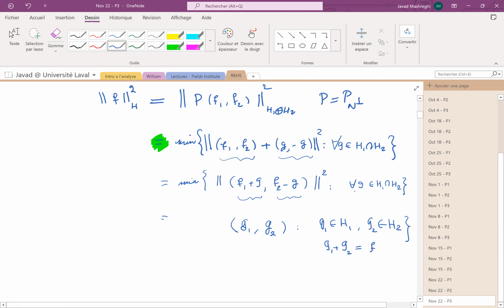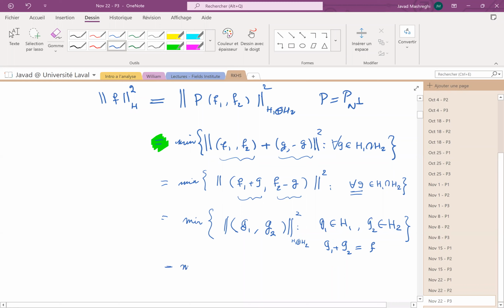So in other words, our variable, instead of being G, which is in the null space, we move to the liberty on the choice of G1 and G2, as long as the sum is equal to F. So now I can write it this way with the same minimum. It's just a matter of notation. And in all cases, the norm is in H1 plus H2.